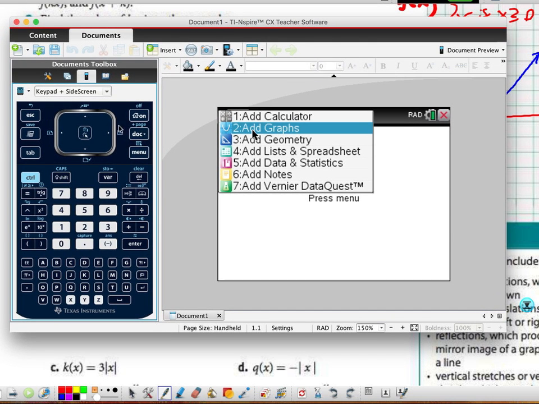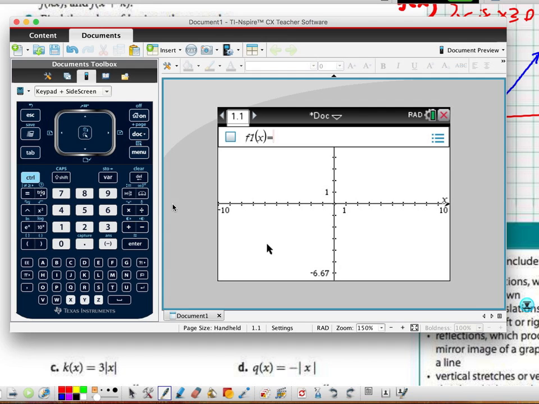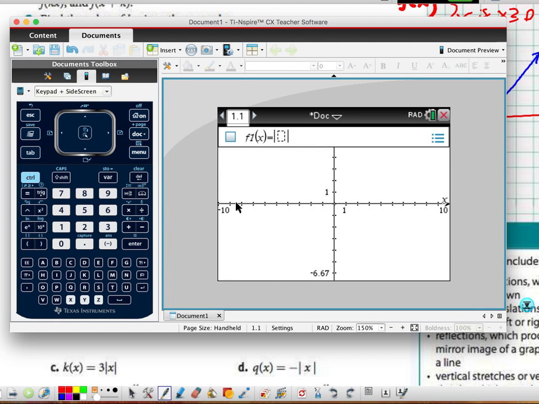So if we go to the home screen, click on the graph. In order to graph a piecewise or an absolute value function, you click this symbol here in the red, and right here highlighted in blue is our absolute value function. So when I press X here and I press enter, you can see that there's my absolute value function right there.